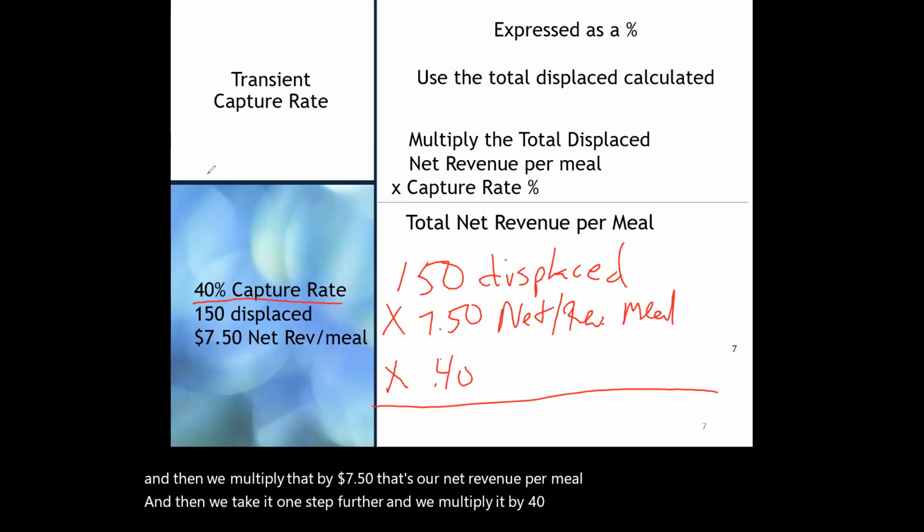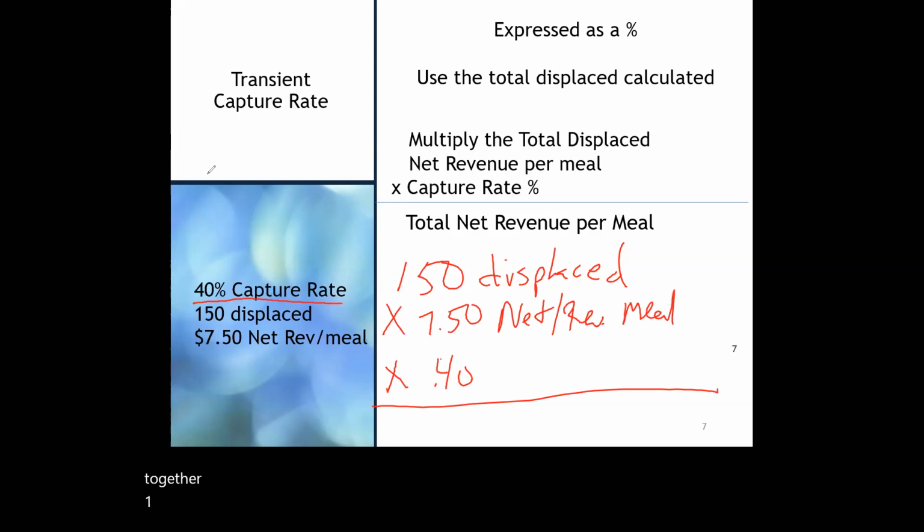Okay, so we take all of that together, 150 times 7.50 times 0.4 gives me a total net revenue.